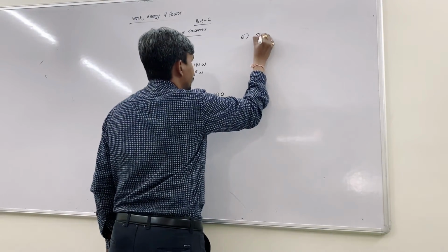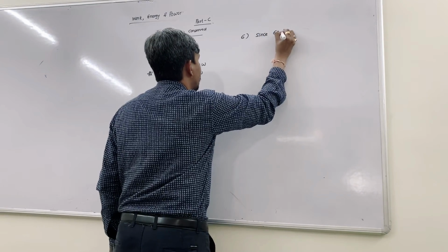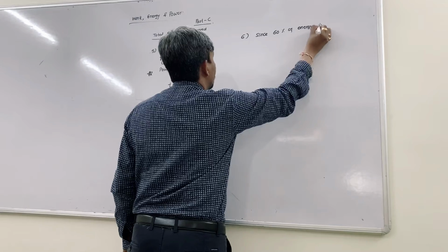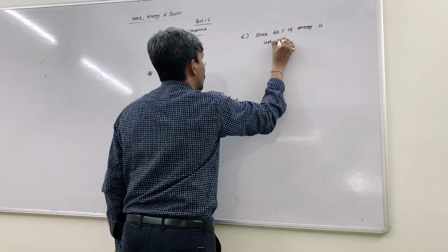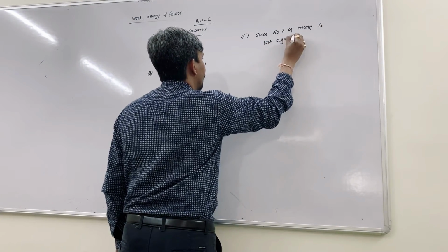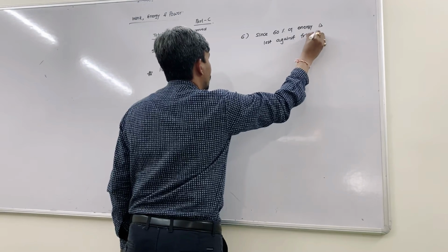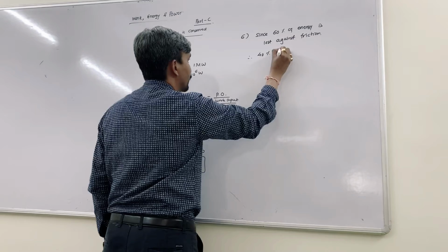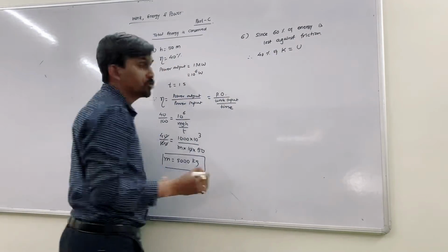Since 60% of energy is lost against friction, can I write here that 40% of kinetic energy is potential?